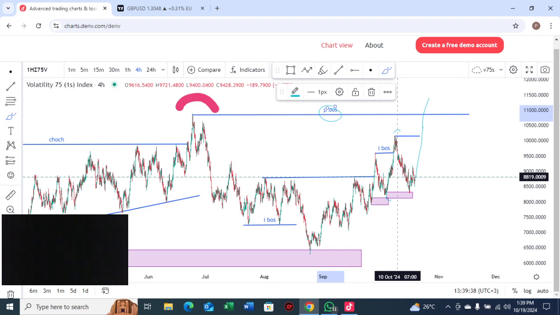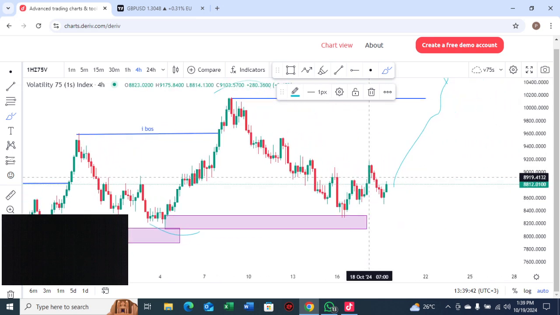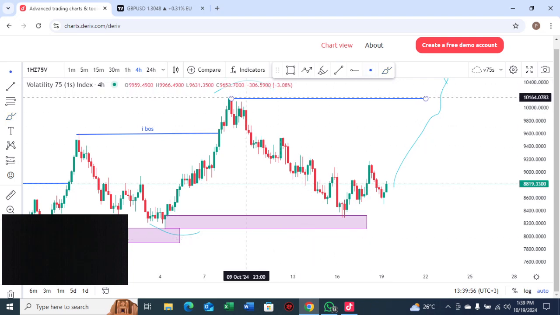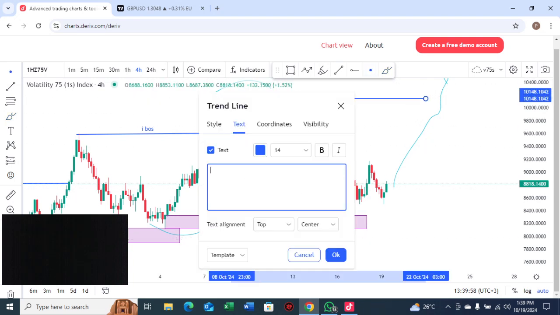And remember, these internal structures are the ones that are giving us the setups, because most of us are day traders. You cannot rely on the daily time frame. That's why we need to rely also on this internal structure, so that we can get a move from there. So in this case, this is our internal possible BOS.